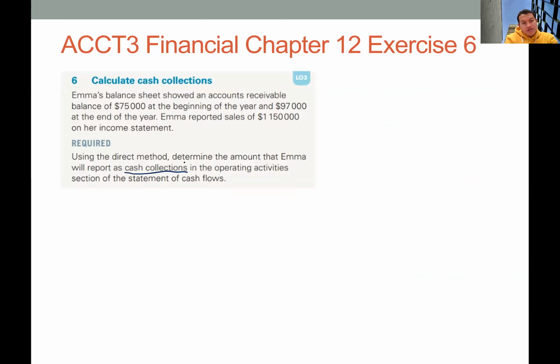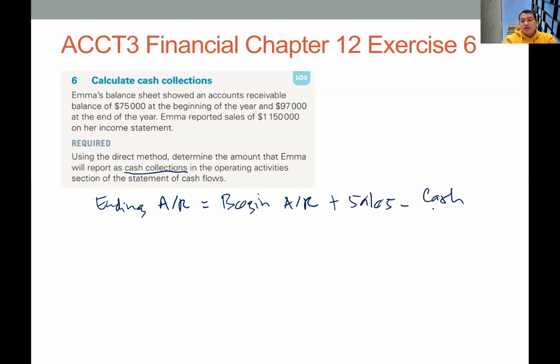We can simply use the account receivable cycle. So the ending account receivable will be equal to the beginning account receivable, right? And then plus sales minus cash collection.